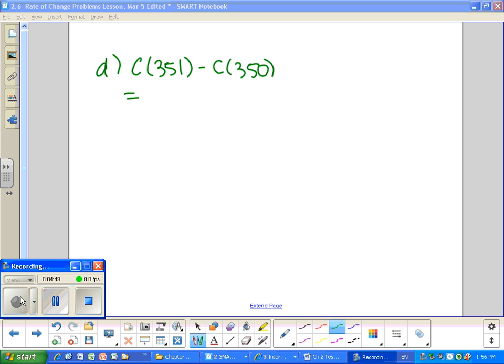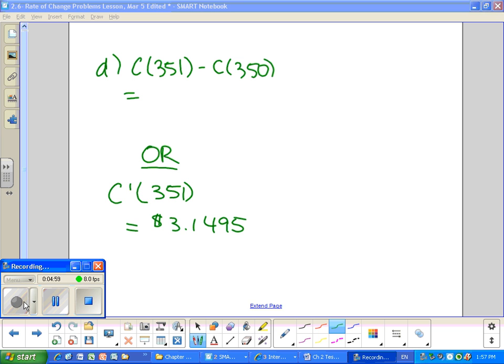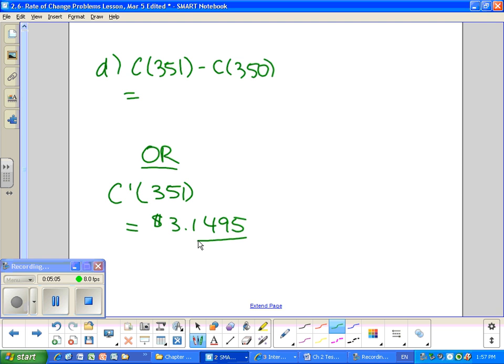So that will find the actual, or if you plug it into your derivative, sorry, 351, that will also get you the same value. If you're looking for the exact cost of it, you want to keep the decimals, even though logically it doesn't make sense because cents only go to 2 places.